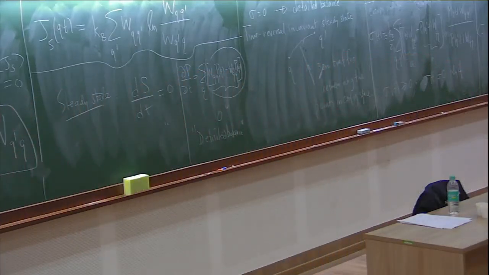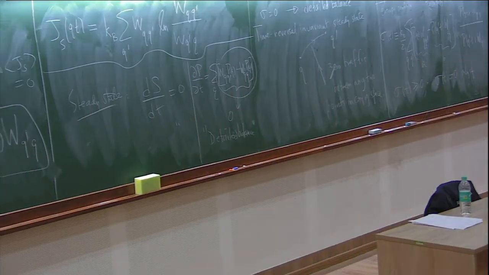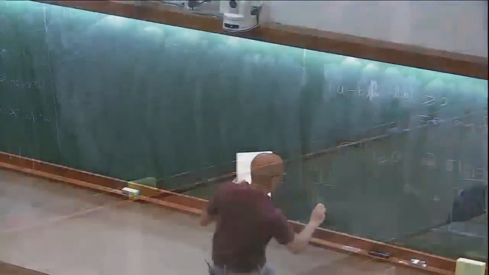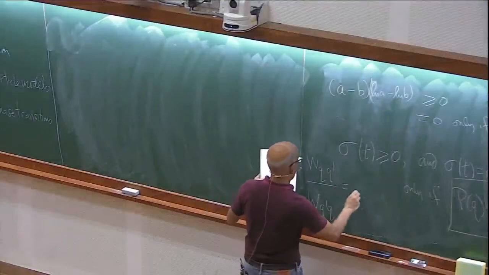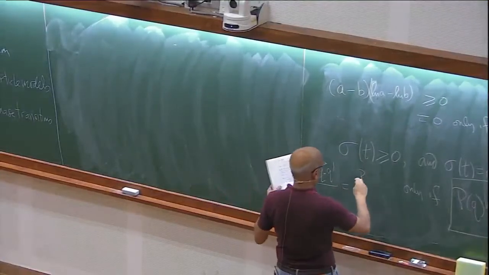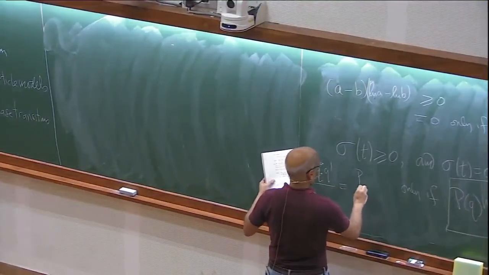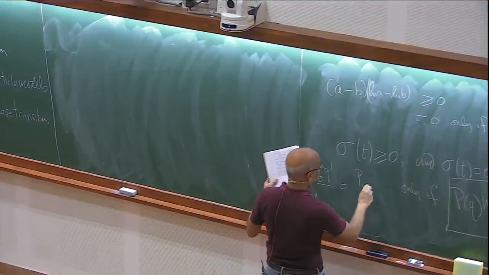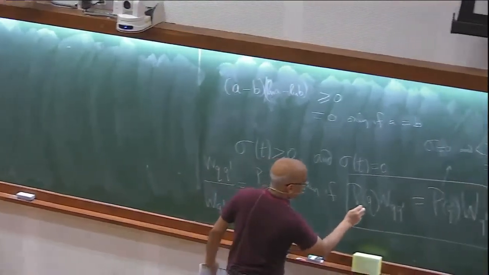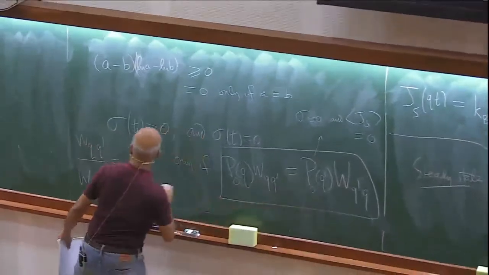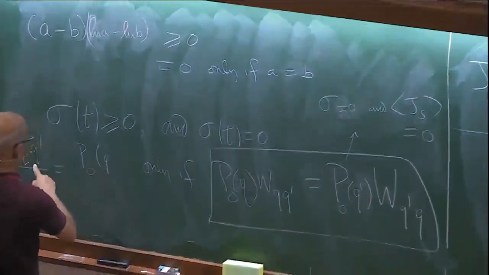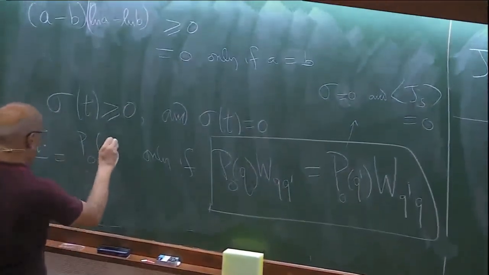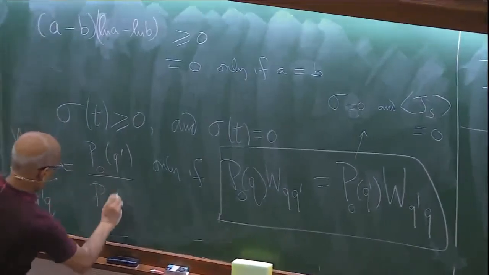Another way of writing this is to say that, let me call P0 the steady state distribution, okay? P0 of Q prime over P0 of Q.